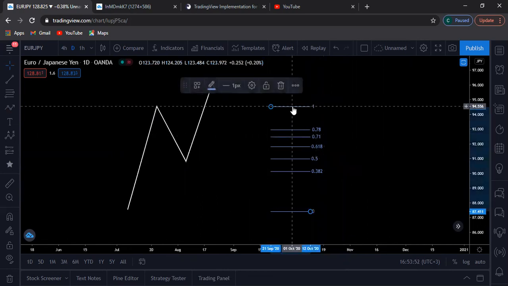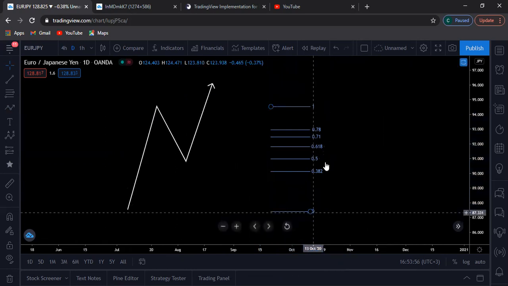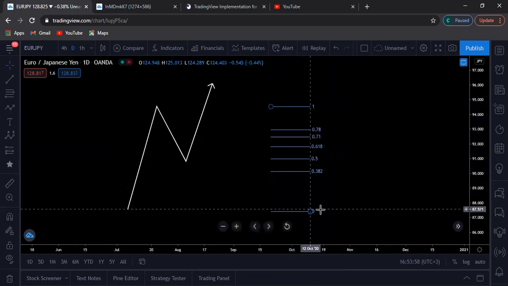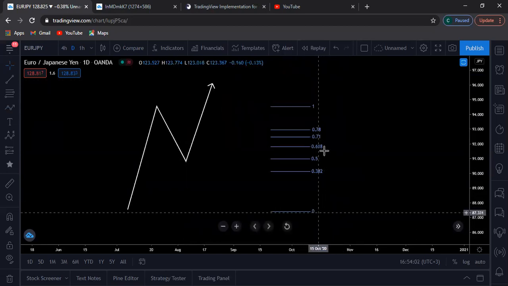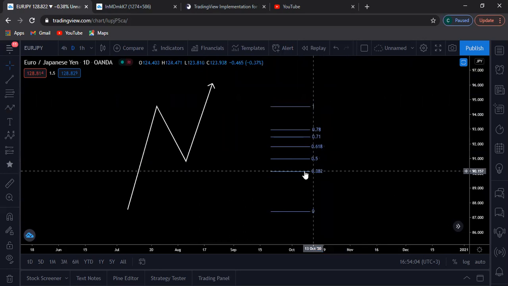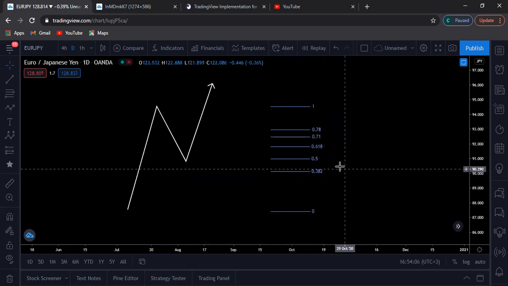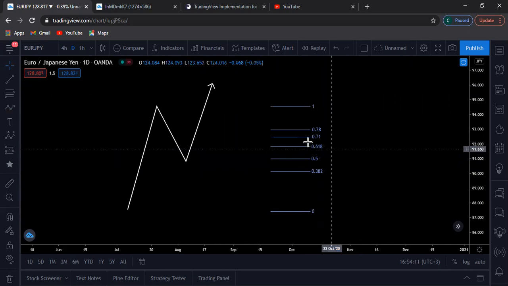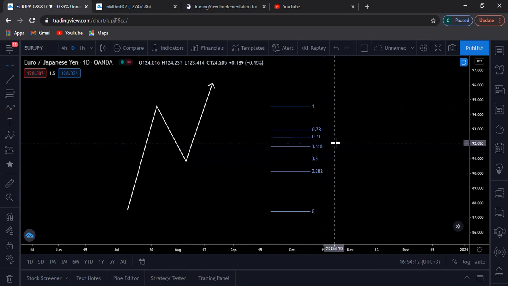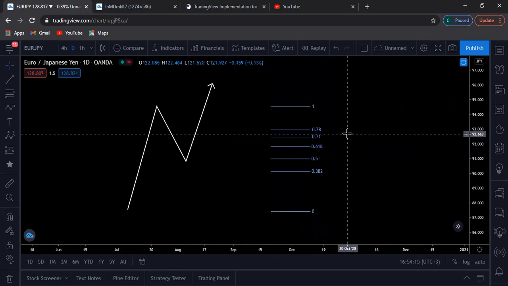This is how the Fibonacci tool actually looks. So it's from 0 to 1. Others look from 0 to 100. And similarly up here, depending on 0 to 1 or 0 to 100, it will be 0.38 or 38, 0.5 or 50, 0.6 or 0.61, 0.71 or 71, 0.78 or 78%, right?